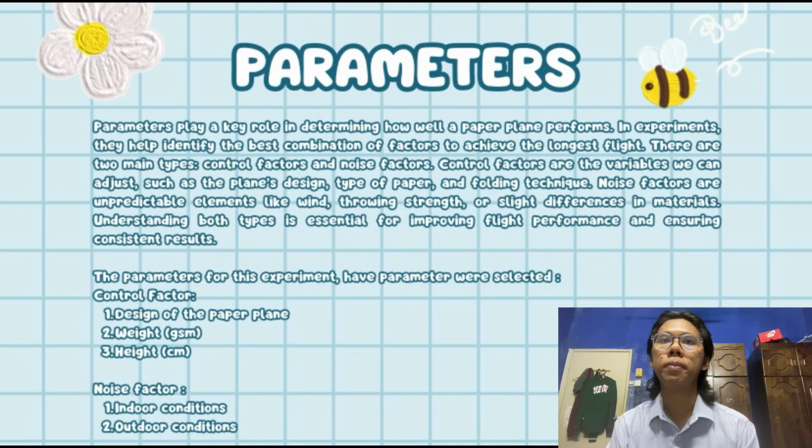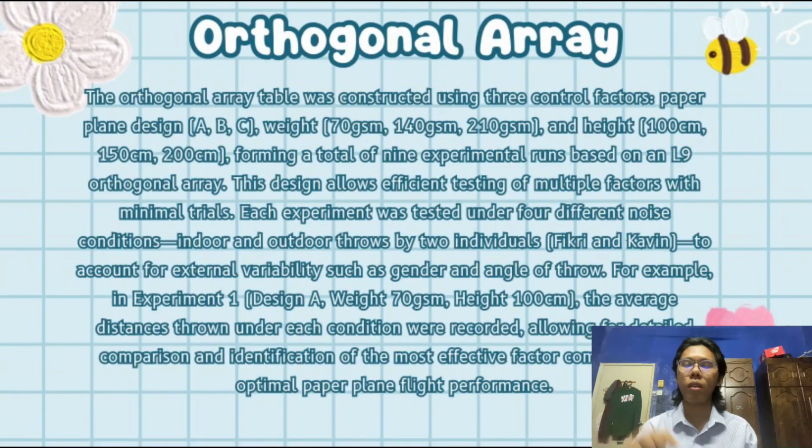The parameters for the experiment were selected. The control factors were, firstly, design of the paper airplane, weight, and height. The noise factors in this experiment were indoor conditions and outdoor conditions. Next, orthogonal array.